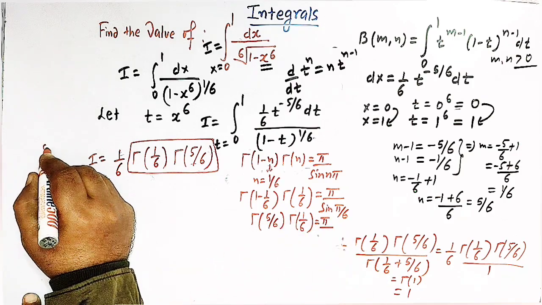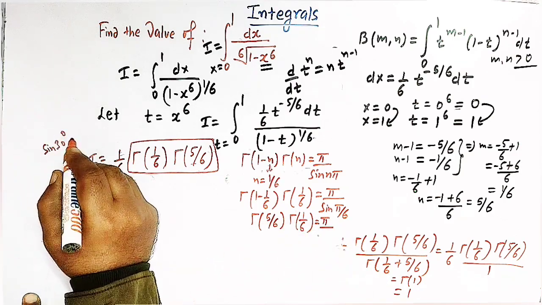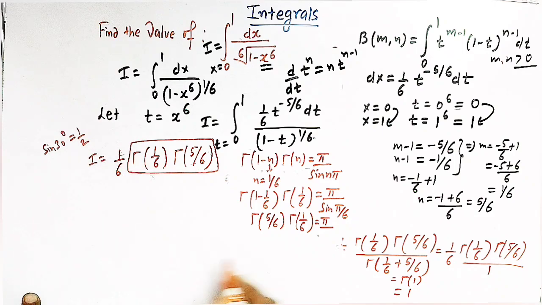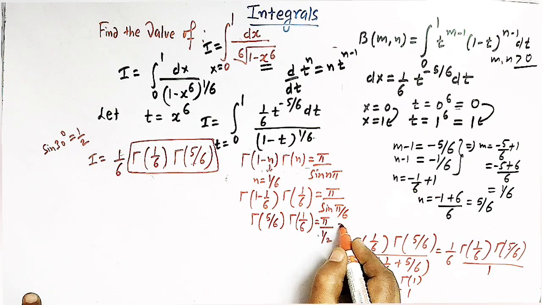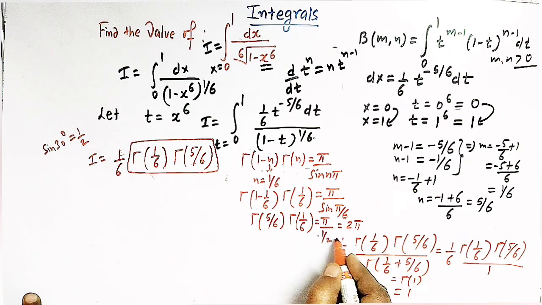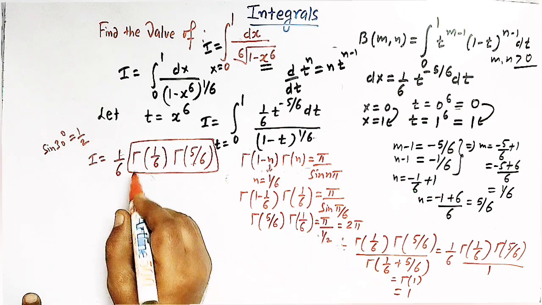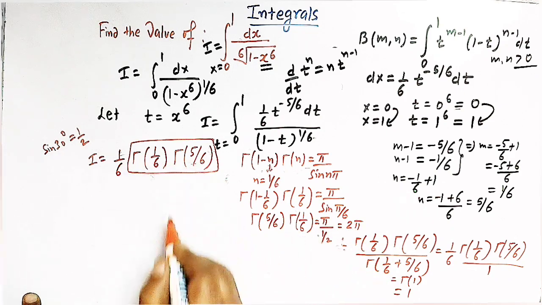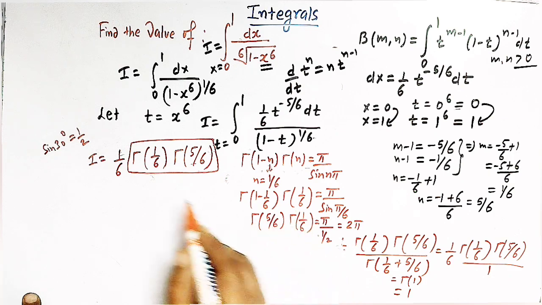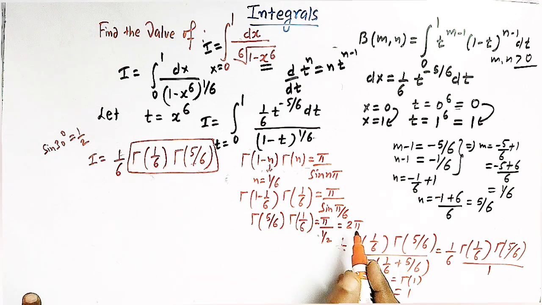Now sine pi by 6 is sine 30 degrees, that is equal to half. So this is equal to 2 pi, taking this 2 to the numerator. So the product of gamma 5 over 6 and gamma 1 over 6 is equal to 2 pi.